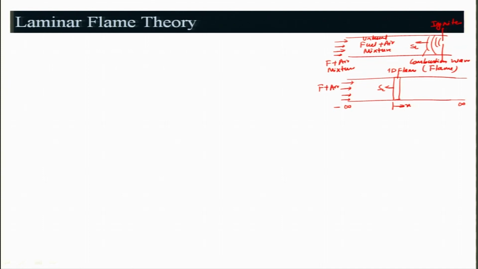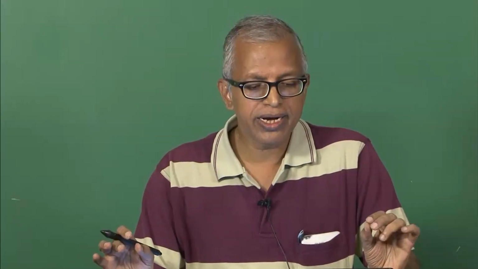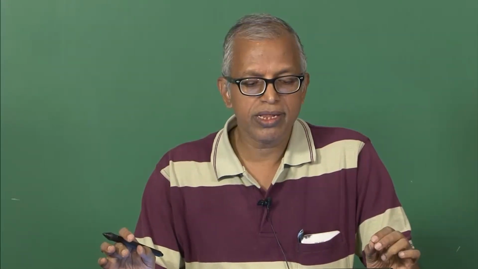With this we will be making some assumptions. The assumptions are that we are considering one dimensional, steady, inviscid laminar flow. The flow is laminar and steady, and there is no viscous effect.